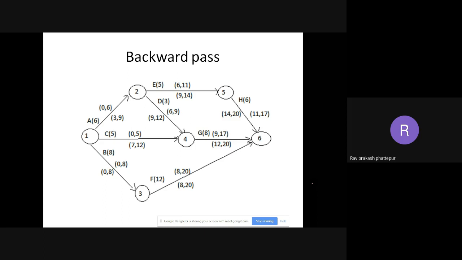Yes, students, done copying? Copy fast, students.